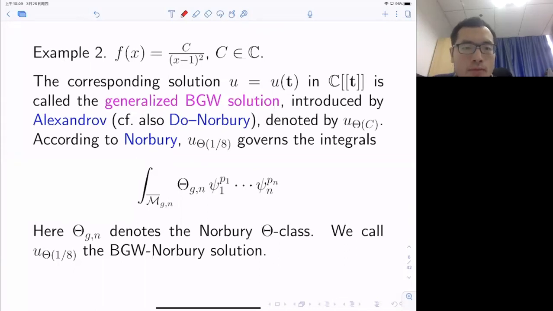According to Norbury, in the case that the parameter c equals 1/8, this unique solution governs the integrals of psi classes coupling the Norbury theta class.